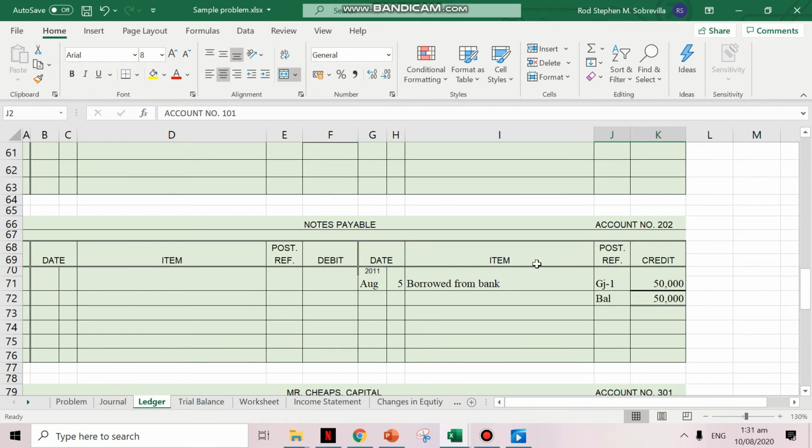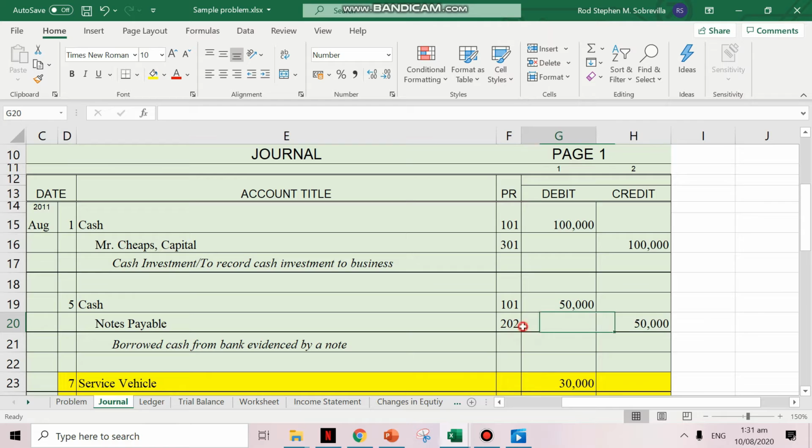Ayan. Since nasa credit siya, dito right side is for credit. Dito tayo magsusulat ng year, month, day, and then the description. And then, the amount sa credit, and then, kung saan galing na journal at yung page. And then, kunin natin yung account number, and then, post reference.